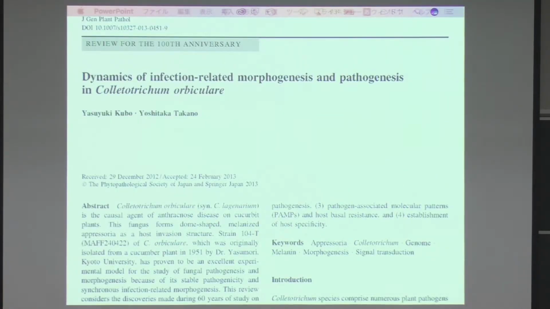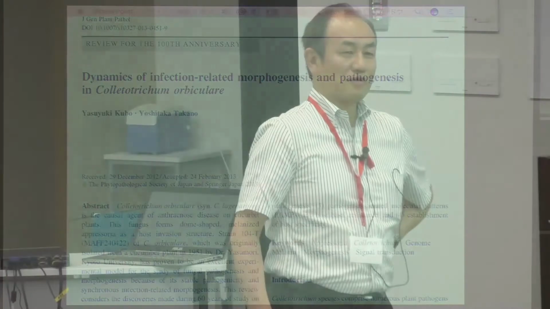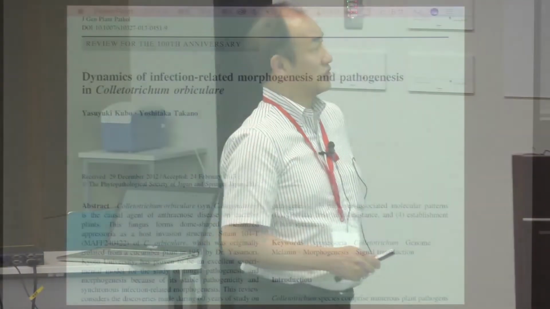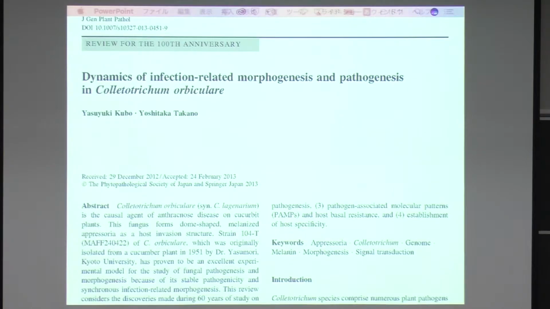So far, the pathogenesis and morphogenesis related factors were reviewed in the Journal of General Plant Pathology as the 100th anniversary volume, collaborating with Yoshitaka Takano of Kyoto University.